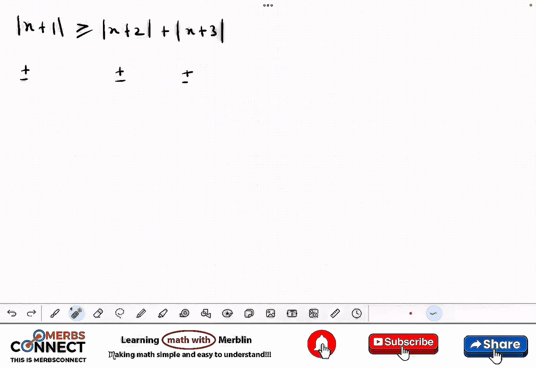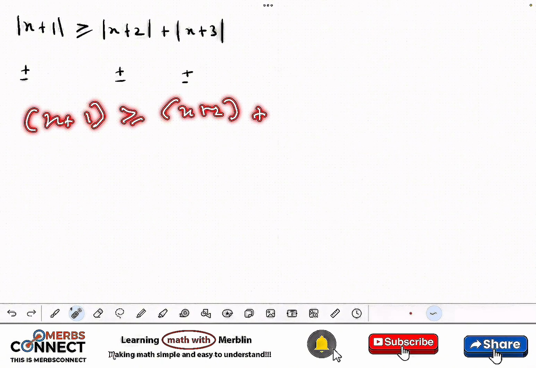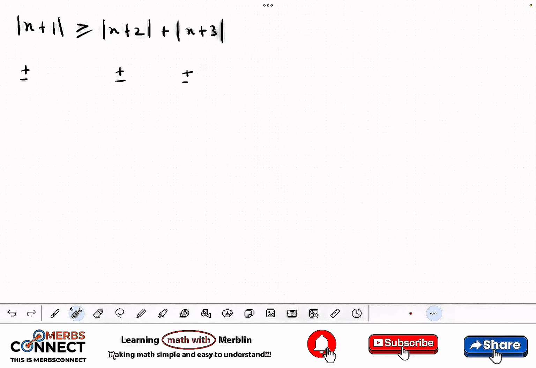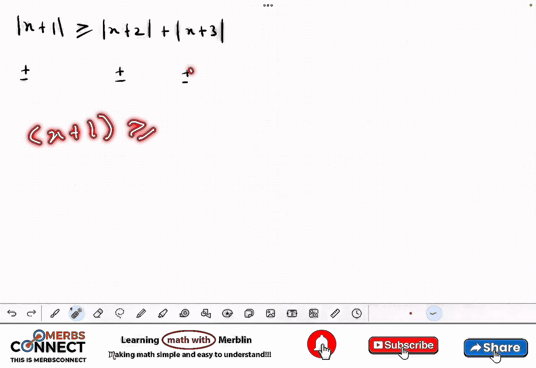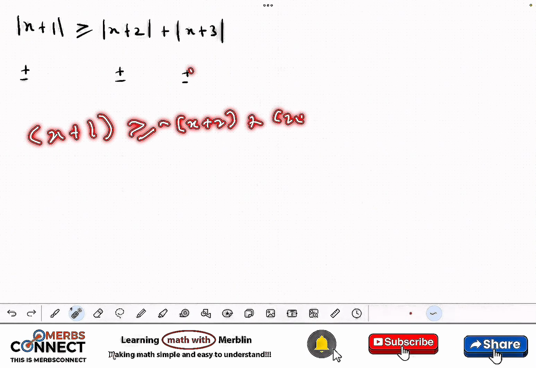Then I can pick positive, positive, negative, so x plus 1 is greater than or equal to x plus 2 minus x plus 3, because I'm picking the minus on the last one. Then positive, negative, positive: x plus 1 is greater than or equal to minus x plus 2 plus x plus 3.